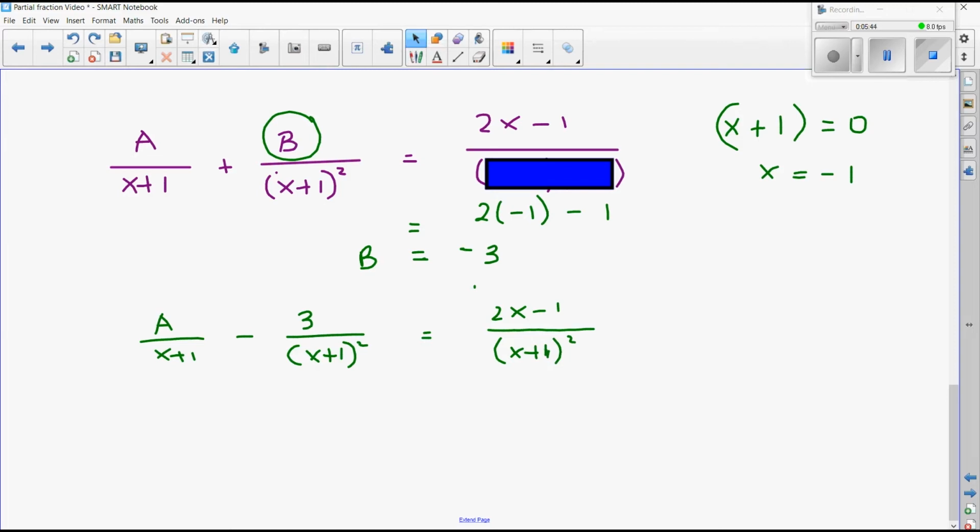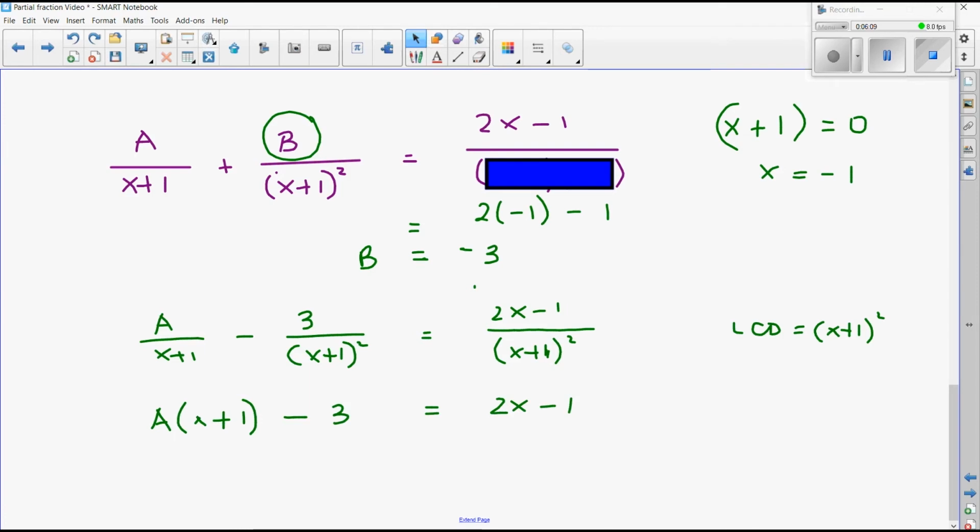I now need to find the lowest common denominator to work out A. There are no shortcuts to finding A. The denominator is (x + 1)², and A must be multiplied by the missing factor of the denominator, which is (x + 1). So A times (x + 1), B's value is -3, and this equals 2x - 1.